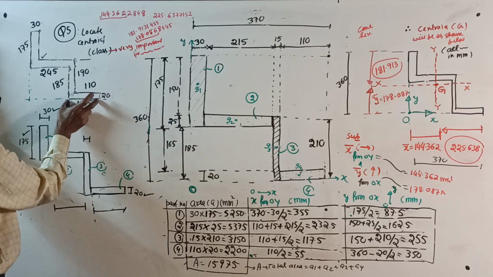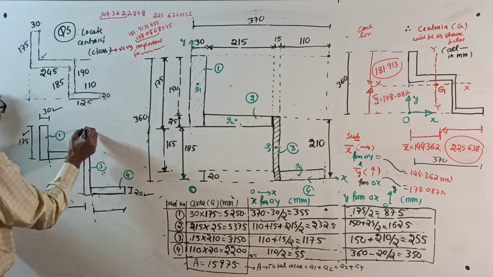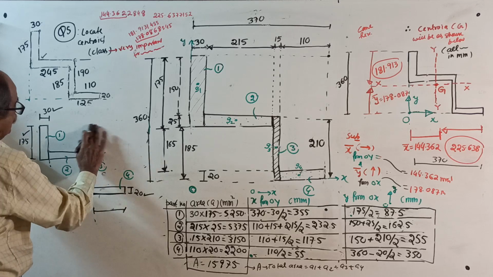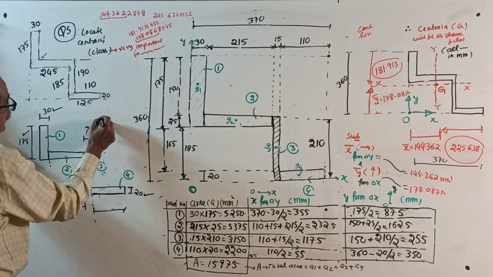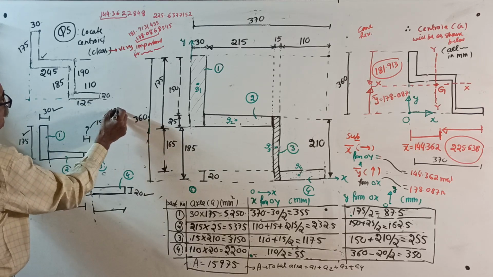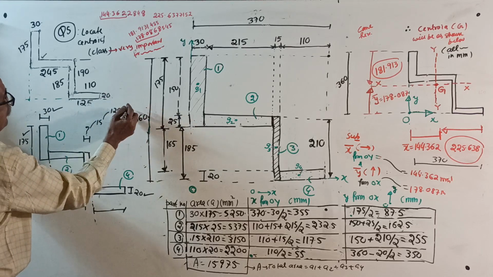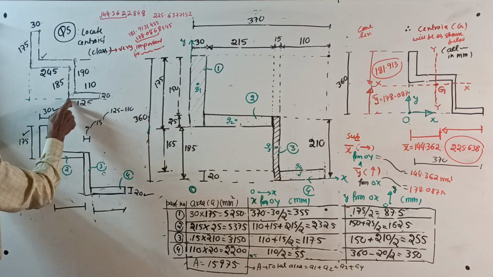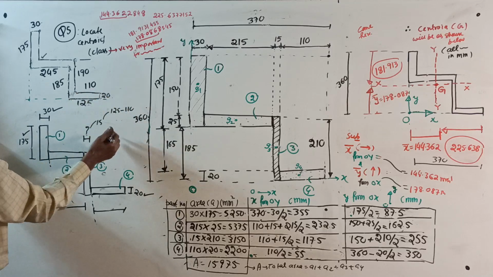So from 125, subtract 110, and you will get this thickness, which will come to 15. How did I get 15? From 125, subtract 110, we got 15.